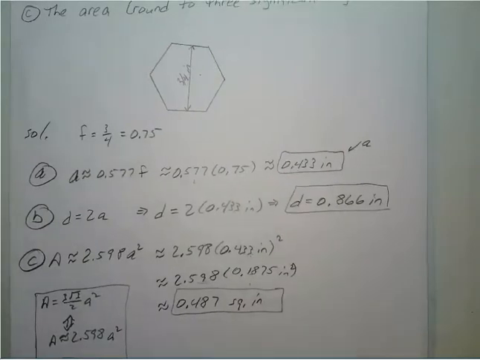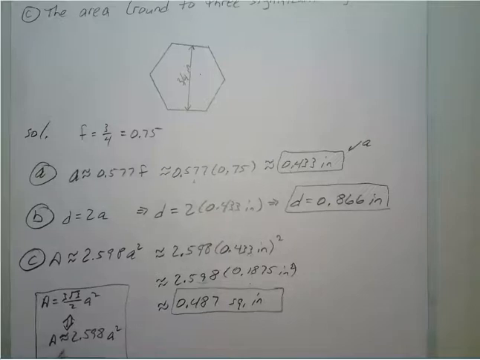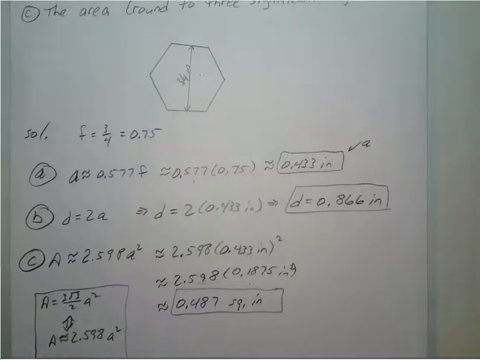So a lot of times if you plug in this one and your answer is a few decimals off, just try this one. Or if you try this one and your answer is a few decimals off, try this one. Okay, so it kind of varies. Remember, this is just an approximation. So sometimes, depending on the textbook and the particular problem, the approximation is what they're looking for.